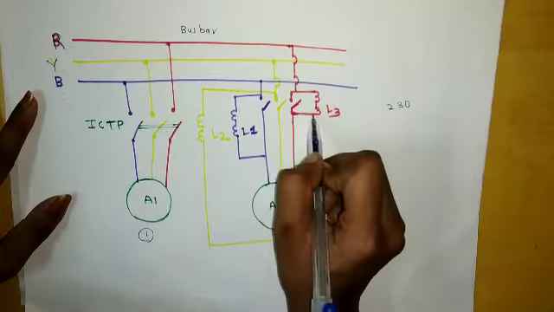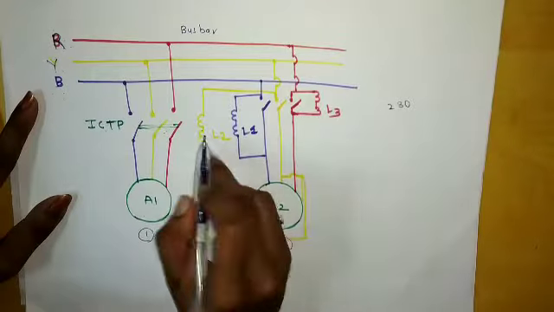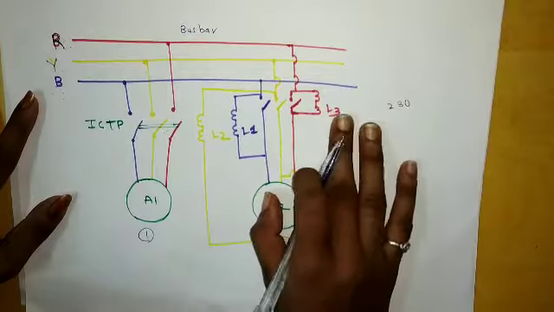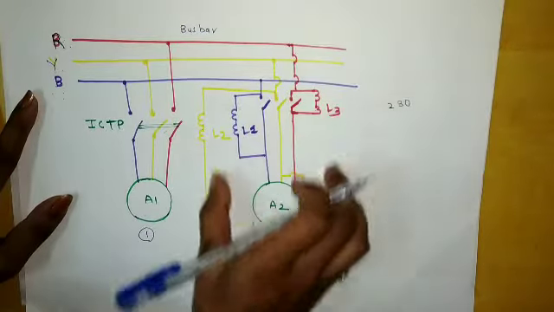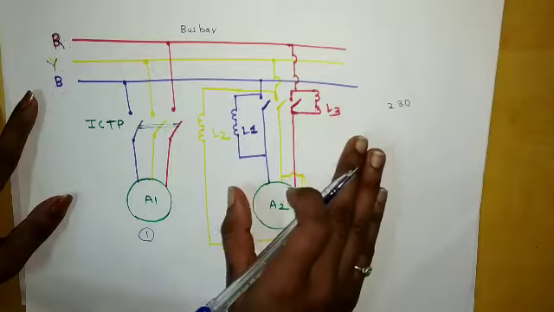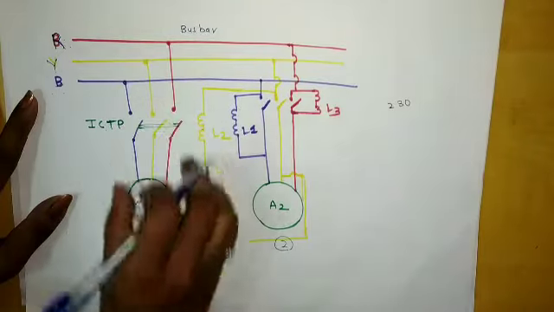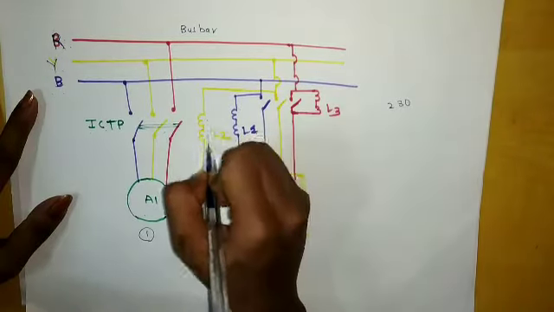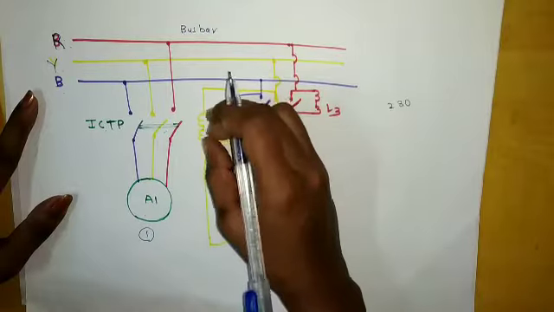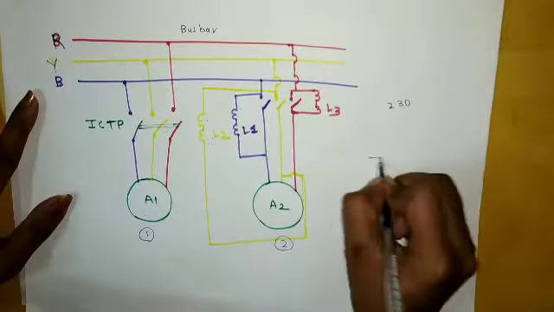Now I have connected the lamps. Here you can see lamps L2, L1, L3. I have connected lamps in alternator 2, which we are going to connect parallel to the first alternator. Here I am using two lamps in each phase. Why two lamps?